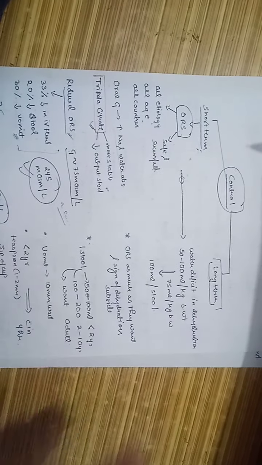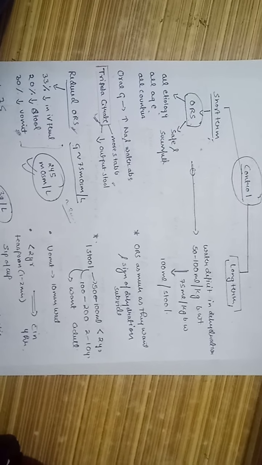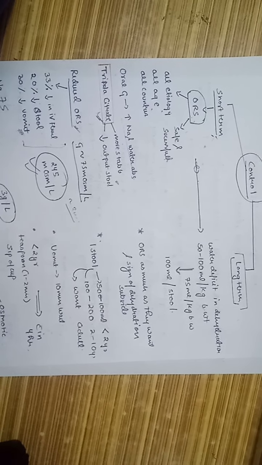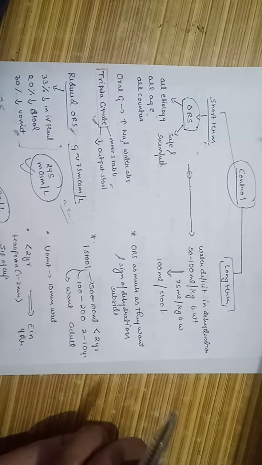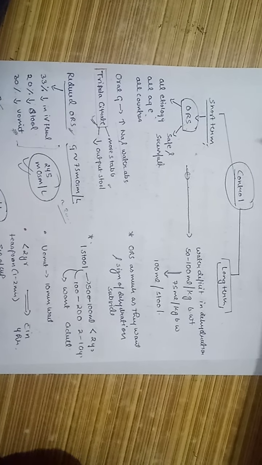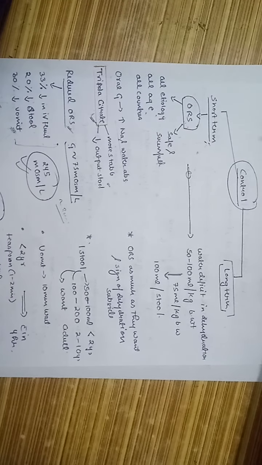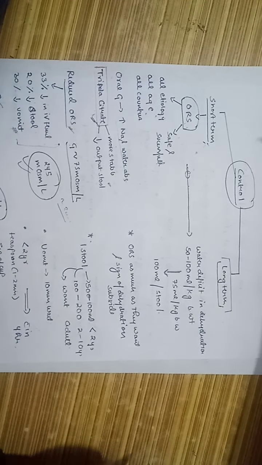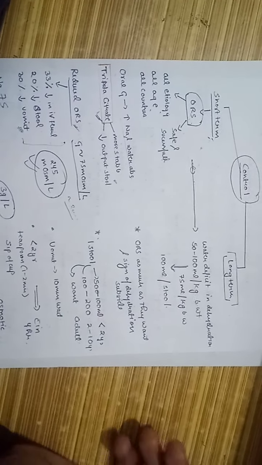Okay, next let's talk about when we will give ORS and in what concentration. When dehydration sets in, it is characterized by signs like urine output, skin dryness, tongue wetness, or the anterior fontanelle, which if shrunken is a sign of severe dehydration.